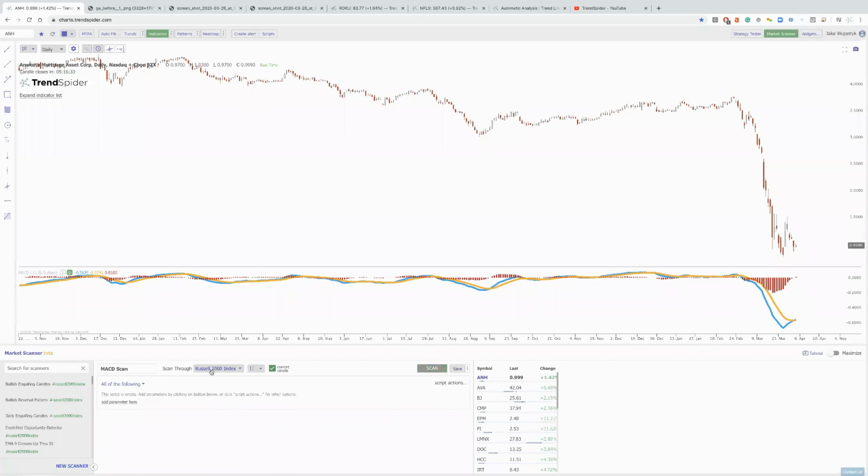Same thing here. Let's say you wanted to do a weekly engulfing scan. We'd go to the condition, weekly candlestick pattern, bullish engulfing. It's right here. And then I want to see which current weekly candles are currently forming a bullish engulfing candle.